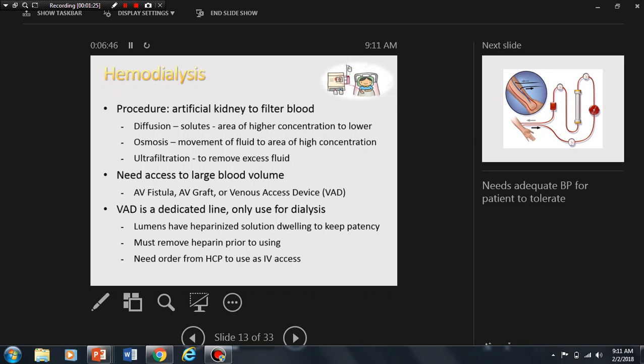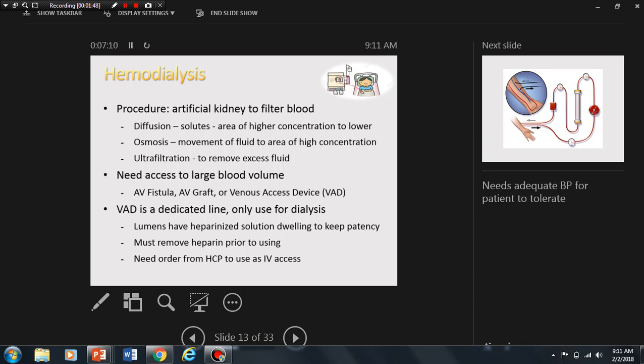So solution removal, right? These patients, if they do urinate, it might not be enough to compensate for what they've drunk. So by the process of osmosis, we're going to move fluid to an area of higher concentration. The dialysate solution might have a higher osmotic concentration, maybe determined by dextrose.